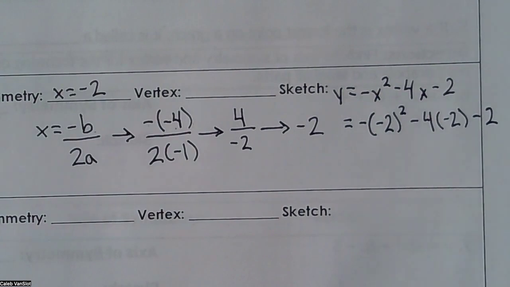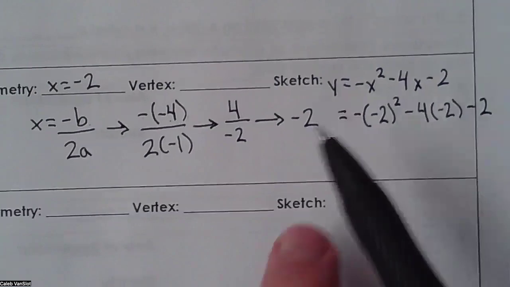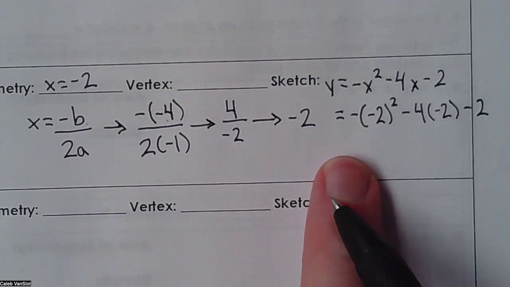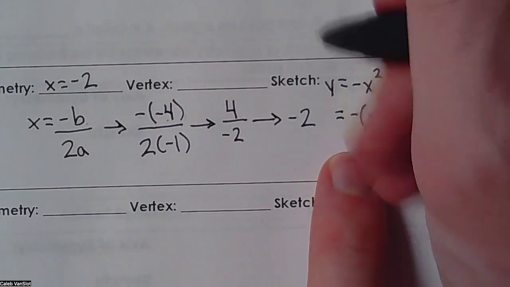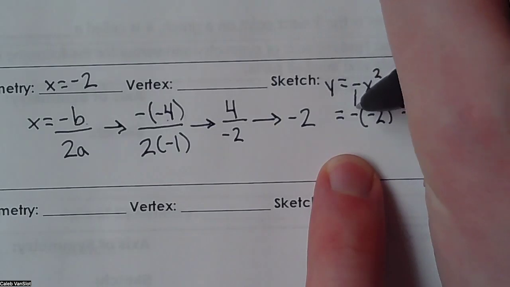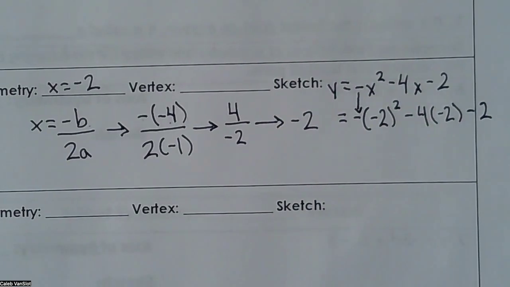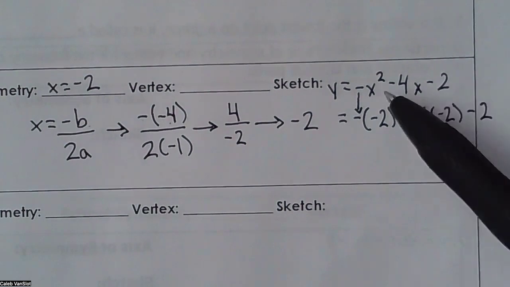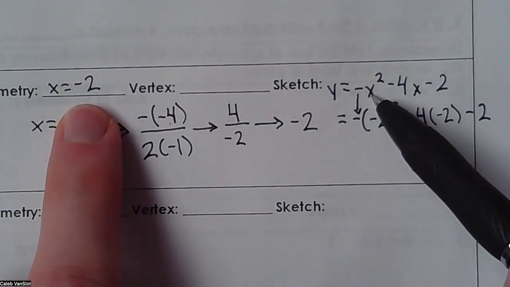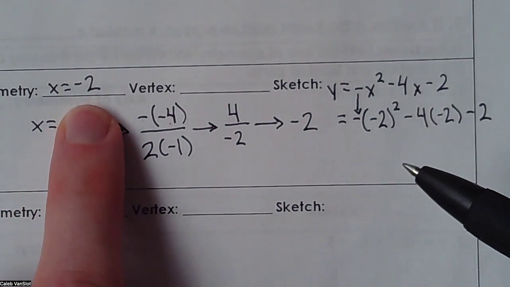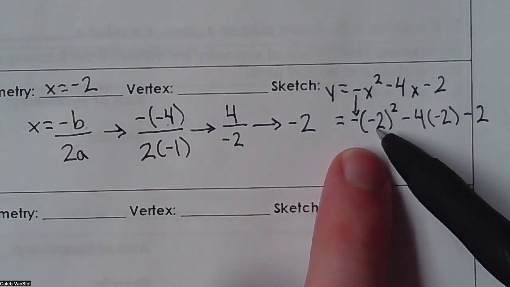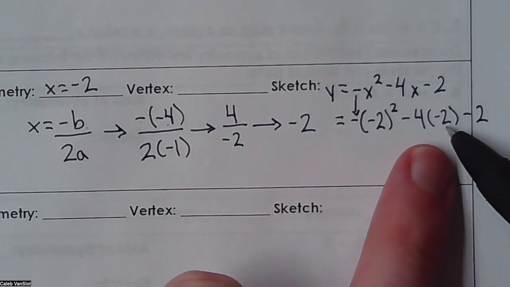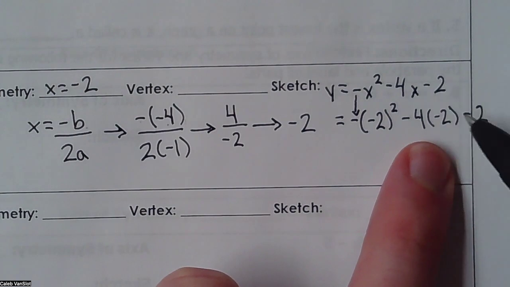All right. This is where we have to be careful because we've got negative x squared, right? So we're going to pull down this negative, just to kind of show you step by step. We're going to pull down that negative. And then in for our x, we're going to put -2 because that's what we got, right? So that's where this negative comes in. And then we've got our -2 over here for our x.